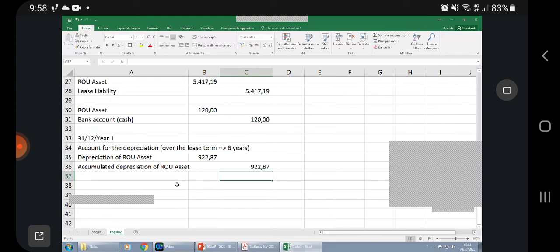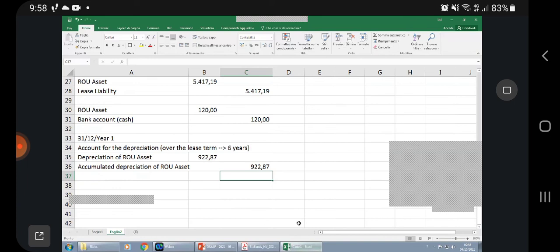And in this way, at the end of year 1, we have charged the income statement for a cost of 922. And in the balance sheet, the right of use asset has been reduced for the amount of the accumulated depreciation, 922.